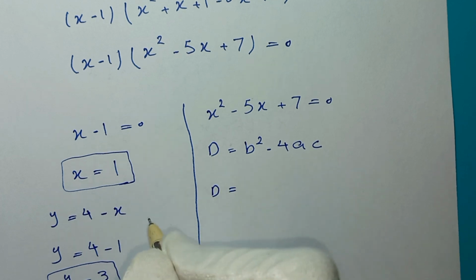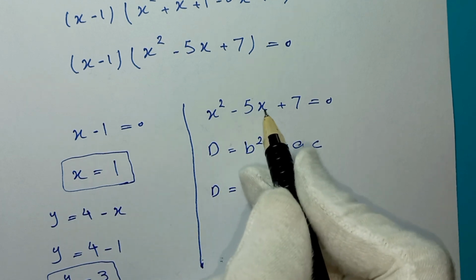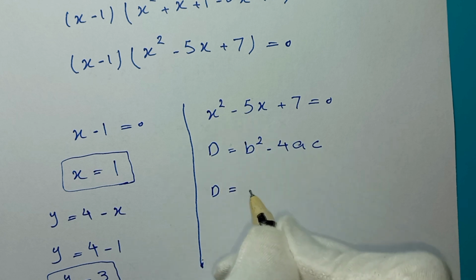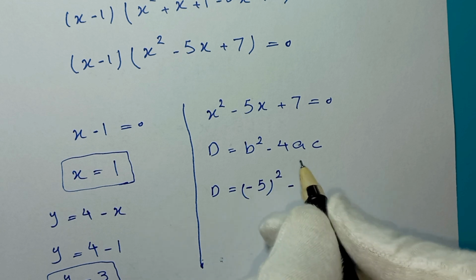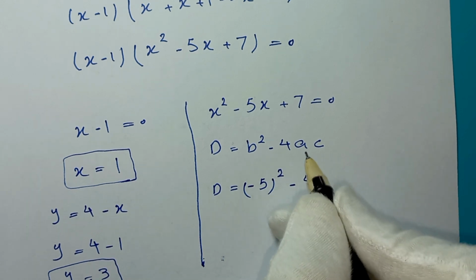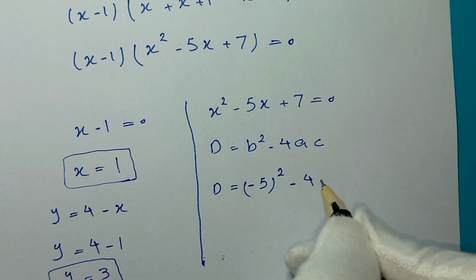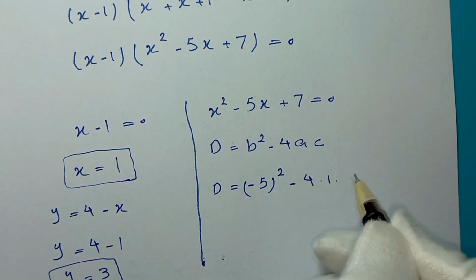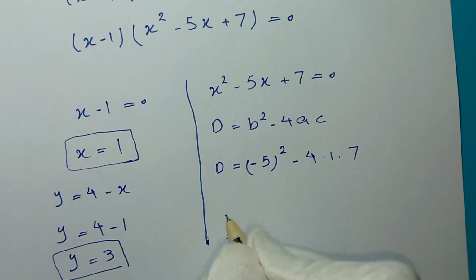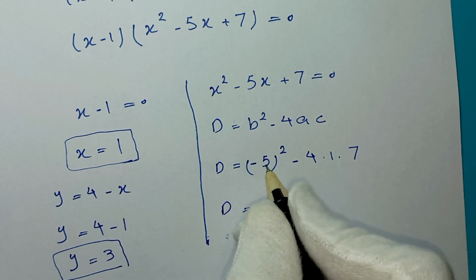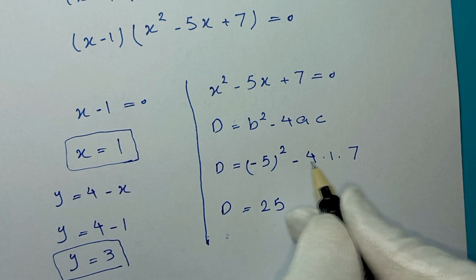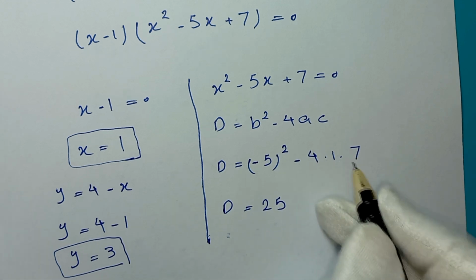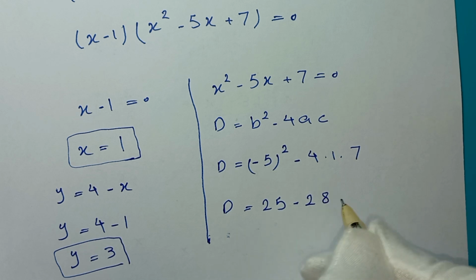B is the coefficient of x, and this is minus 5, so negative 5 squared minus 4 times a. A is the coefficient of x squared, so a is 1, and c is the constant, c is 7. And D is negative 5 to the power of 2 is 25, and 4 times 1 times 7 is 28, so minus 28, and this is negative 3.